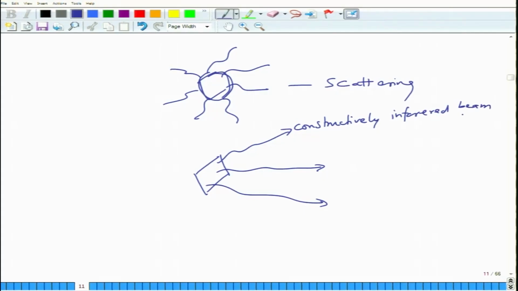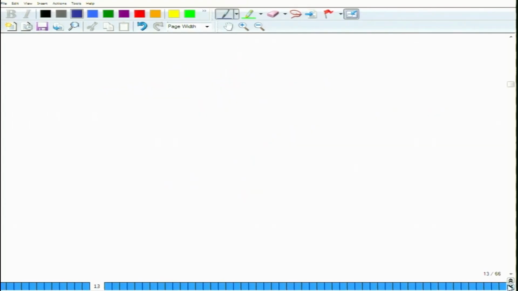Only at these positions will you have diffraction occurring. Constructive and destructive interference I am sure you know from basic physics, so let us not get into that.